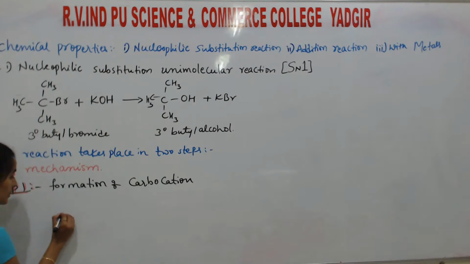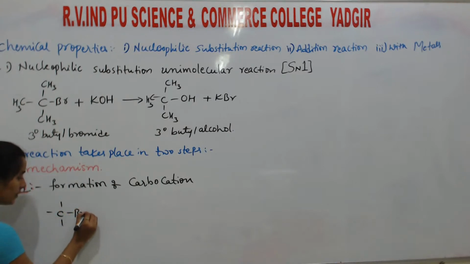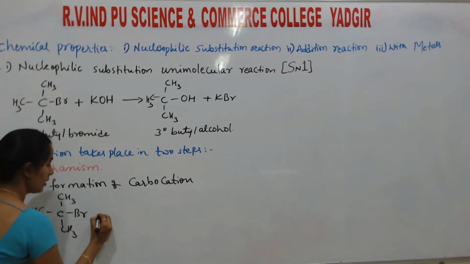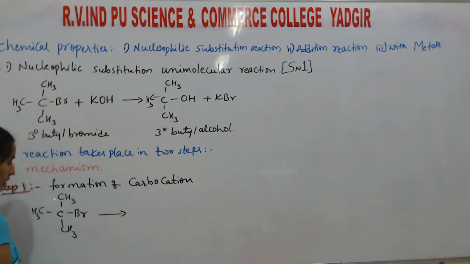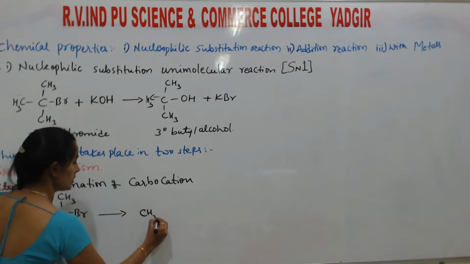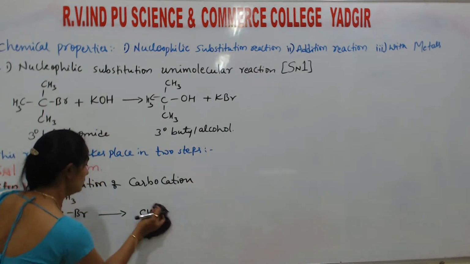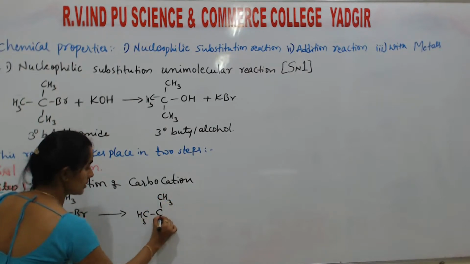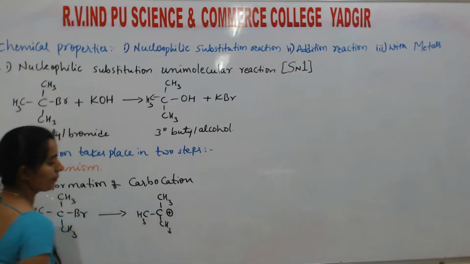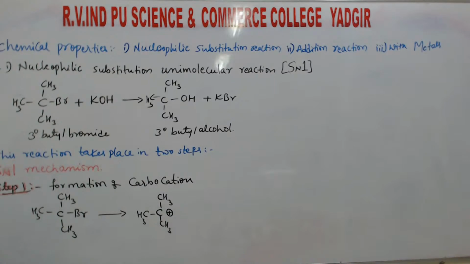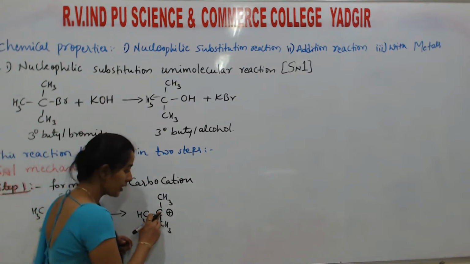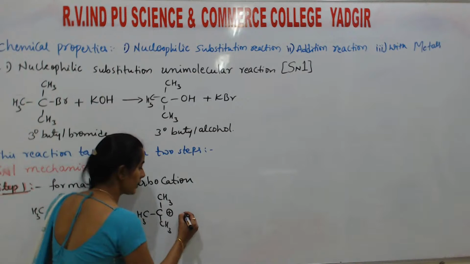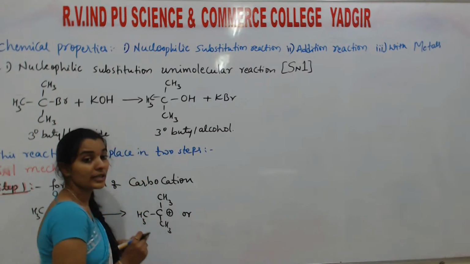First consider (CH3)3C-Br, which gives rise to (CH3)3C+, the carbocation. Students, listen: this carbocation becomes a planar molecule, that means sp2 hybridized.